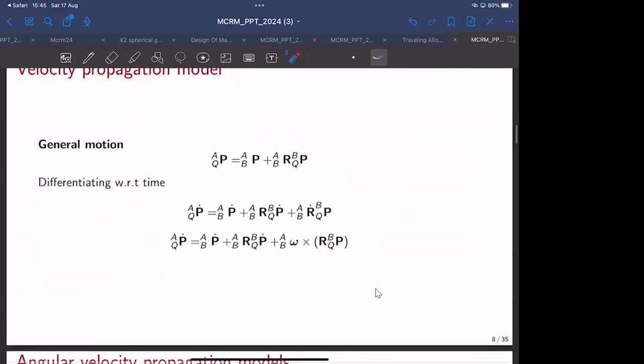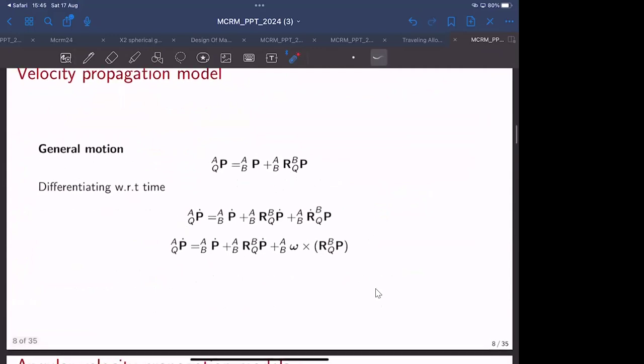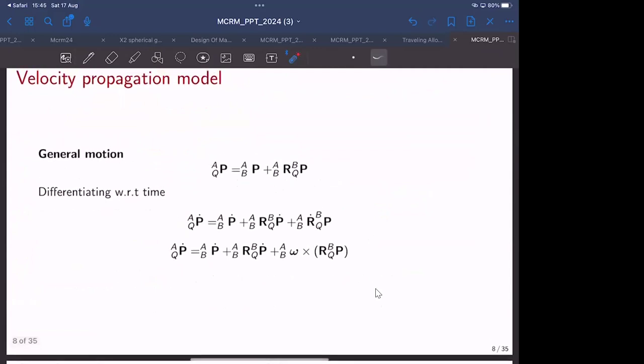And the next stage that we considered was the velocity propagation models. For example, if you want to propagate velocities in case of a 2R robot like this, I'll call these R1 and R2, and label the axes as Z1 and Z2.